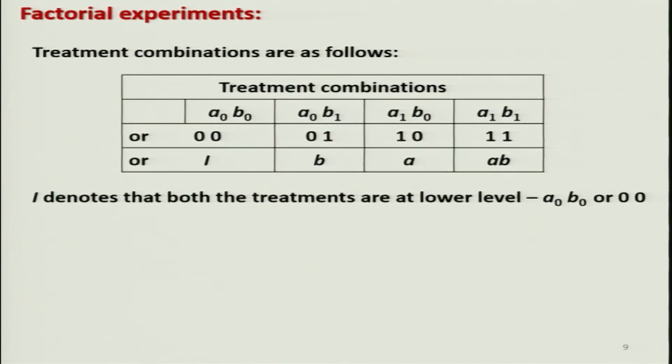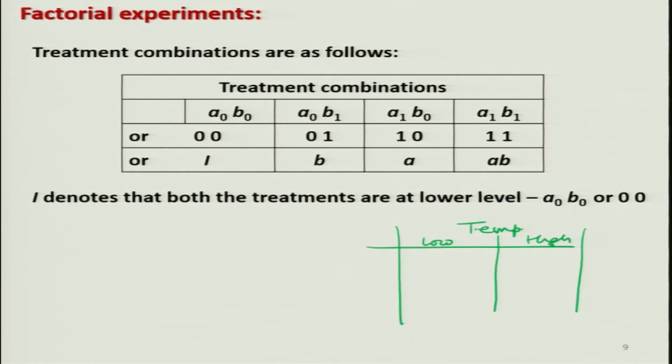Now, if I try to take a very simple example, suppose I take one factor as temperature, with low temperature and high temperature, and it is up to you how you define what is the lower temperature and what is the higher temperature.